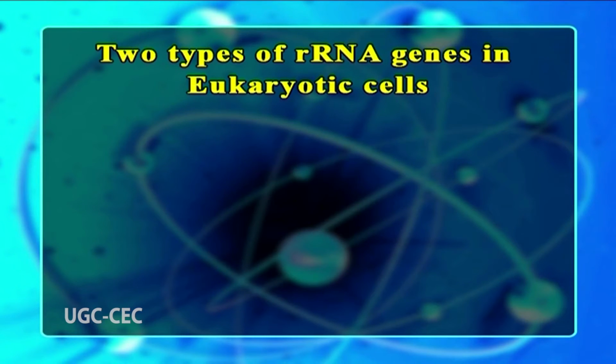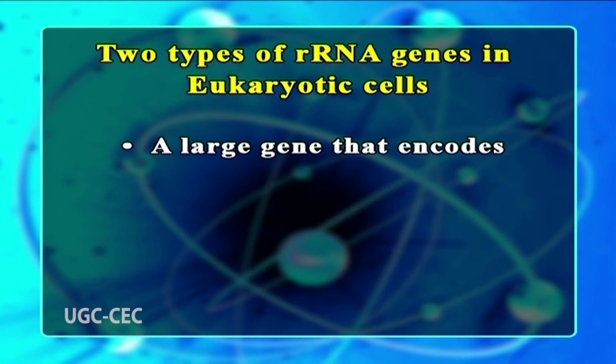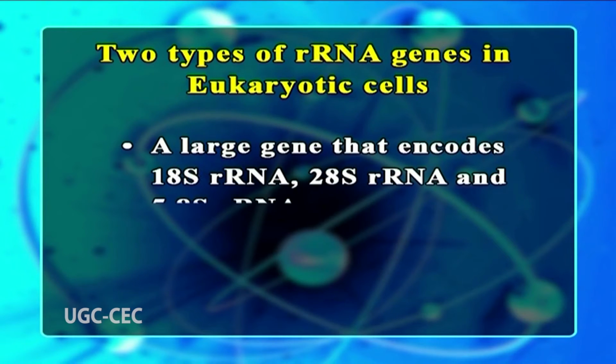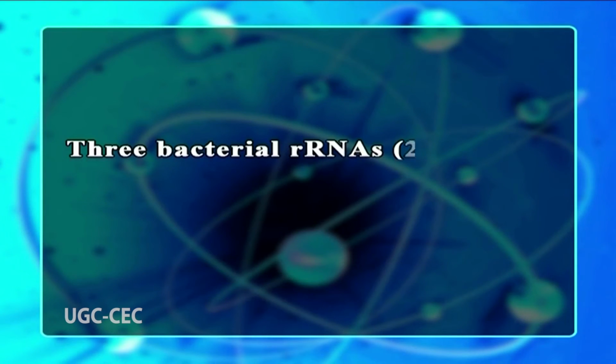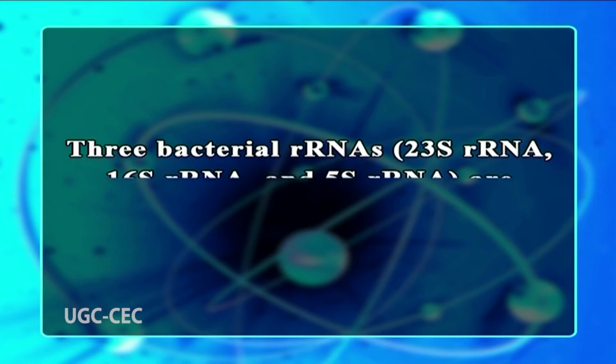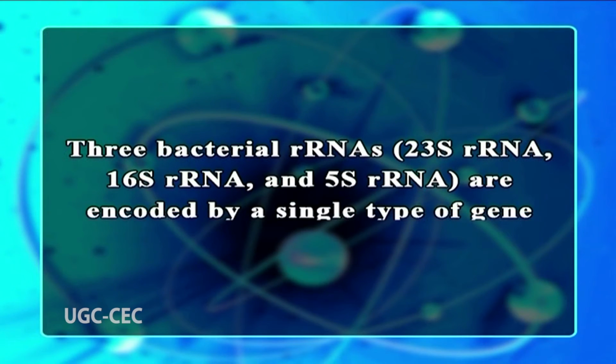Eukaryotic cells possess 2 types of rRNA genes: a large gene that encodes 18S rRNA, 28S rRNA and 5.8S rRNA, and a small gene that encodes 5S rRNA. All the 3 bacterial rRNAs, 23S rRNA, 16S rRNA and 5S rRNA, are encoded by a single type of gene.